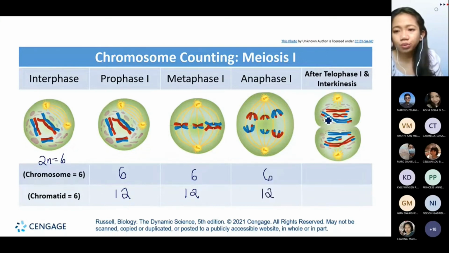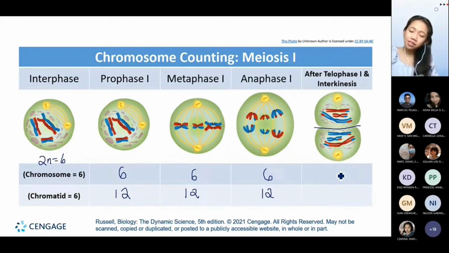And then, after telophase and interkinesis, okay, how many chromosomes do you think will be left? If there are 6 chromosomes during anaphase, what will happen after interkinesis? How many chromosomes will there be?